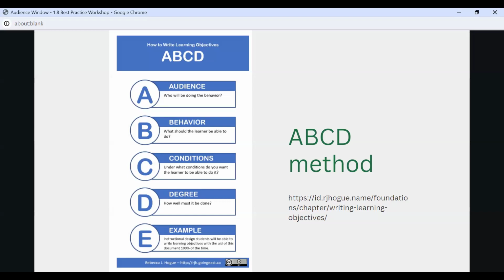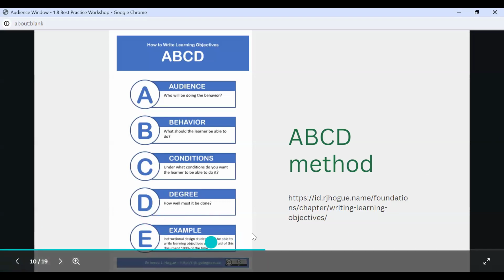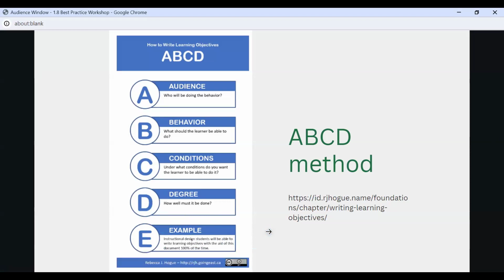So we have the audience, instructional design students will be able to write learning objectives. That's the behavior. It's at the bottom here of the slide. With the aid of this document, the conditions, and the degree, 100% of the time. So you see that all those components are there.